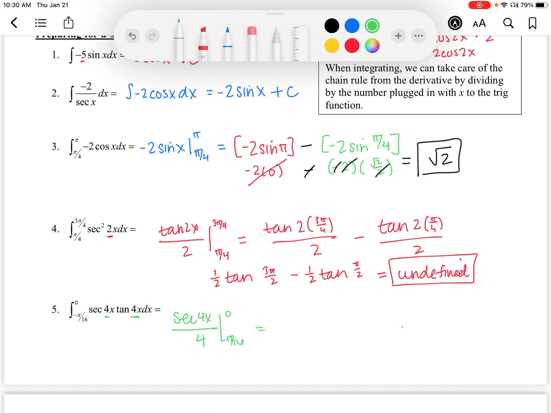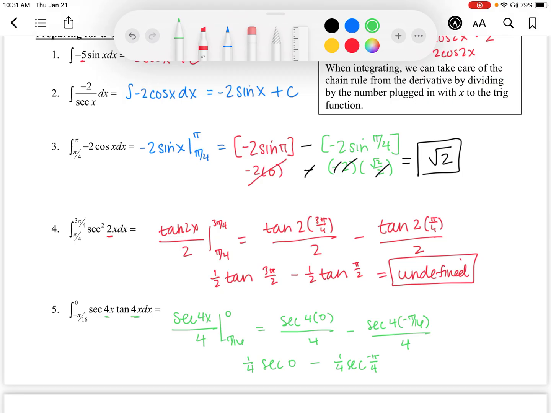So what that means I'm looking at is the secant of 4 times 0 over 4 minus the secant of 4 times that negative pi over 16 all over 4. So I'm going to have a 1/4, bringing that in front, secant of 0 minus 1/4 secant. And if I have 4 times negative pi over 16, that's going to simplify to negative pi over 4.